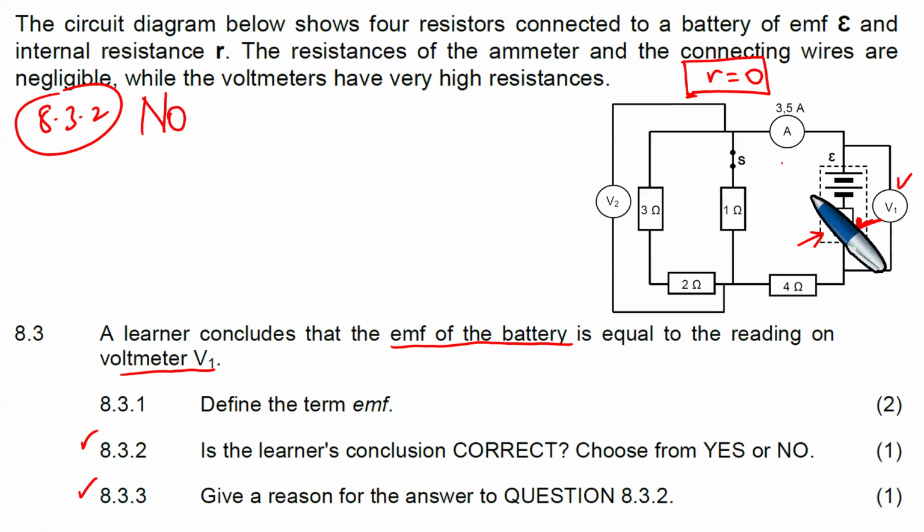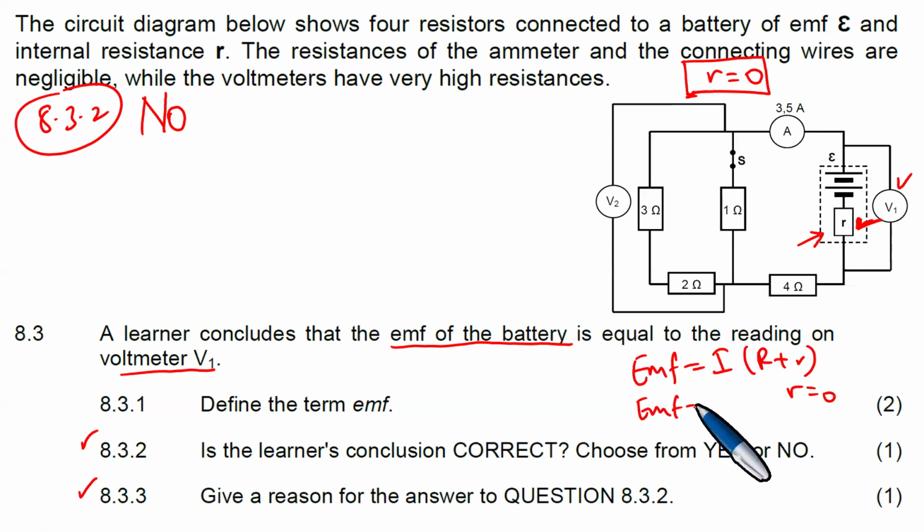What about if the internal resistance is not zero? In other words, if you look at EMF, it is I times (R plus r). If r is zero, which is an ideal condition, this would measure the greatest possible potential difference you can get.